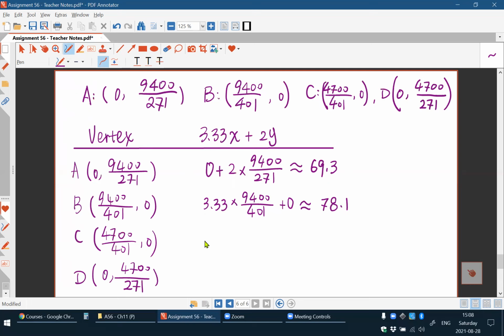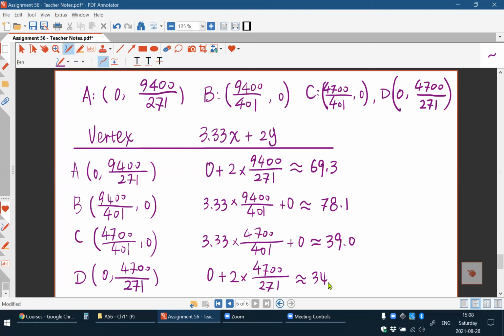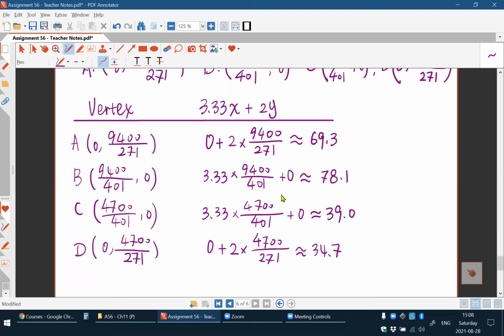And at point C, the value is 3.33 times 4700 over 401 plus 0, which is approximately 39.0. And at point D, this value is 0 plus 2 times 4700 over 271, which is approximately 34.7. And as you can see here, this number is the minimum, right?